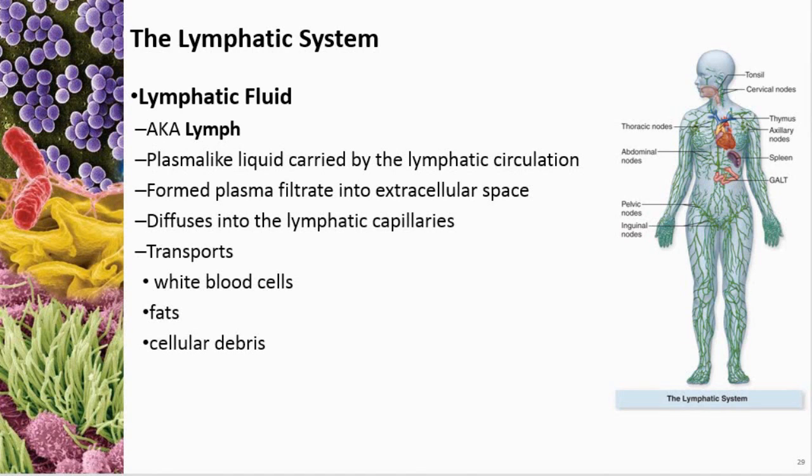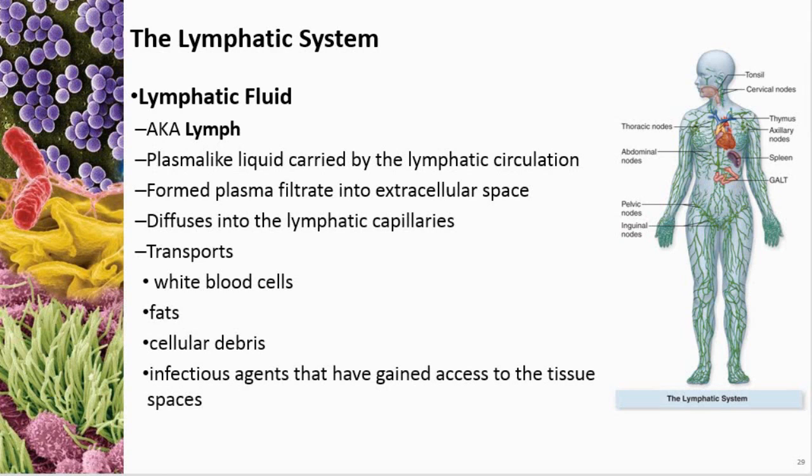So we're constantly having cells dying, right? And so when the cells are destroyed, we have to get rid of the parts, and so we bring them back out through the lymphatic system. And we also use it to transport infectious agents out.